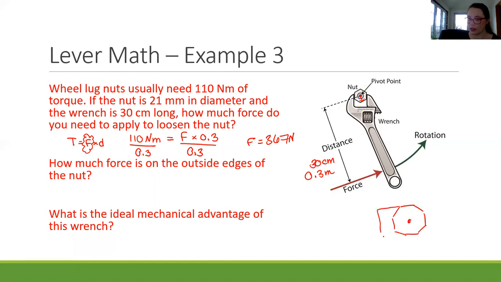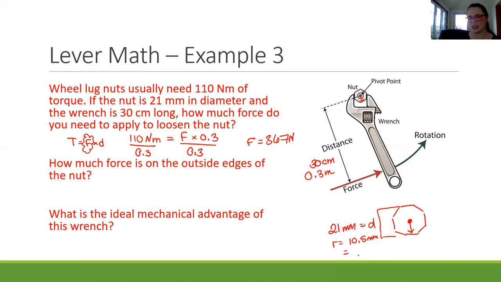All the way across, this distance is equal to 21 millimeters. So what is the distance from the middle to the edge? That would be like our radius. So the radius is equal to 21 divided by 2, which would leave us with 10.5 millimeters.